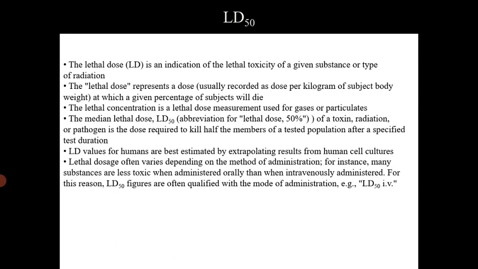As I told you, LD50 is usually expressed as the mass of a substance administered per unit mass of test subject, typically as milligrams of substance per kilogram, but stated as nanograms, micrograms, milligrams or grams. Okay, depending on different subjects.